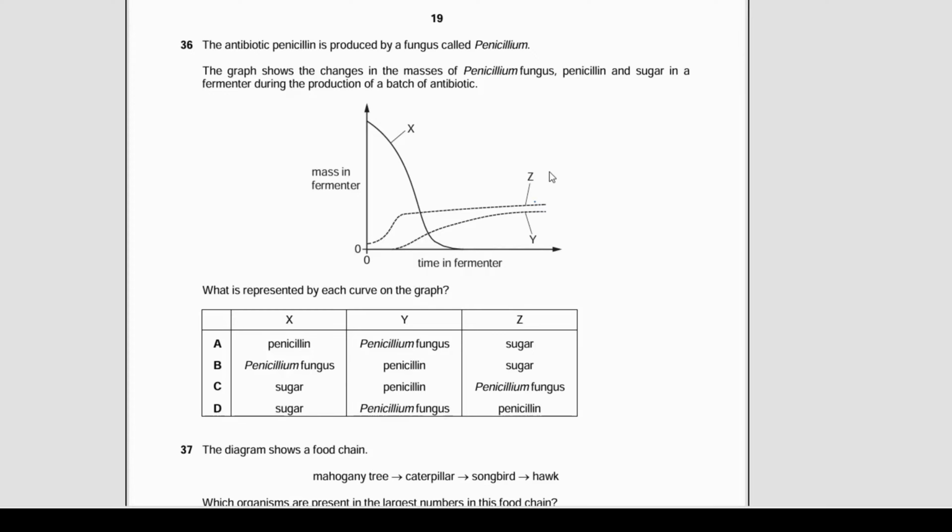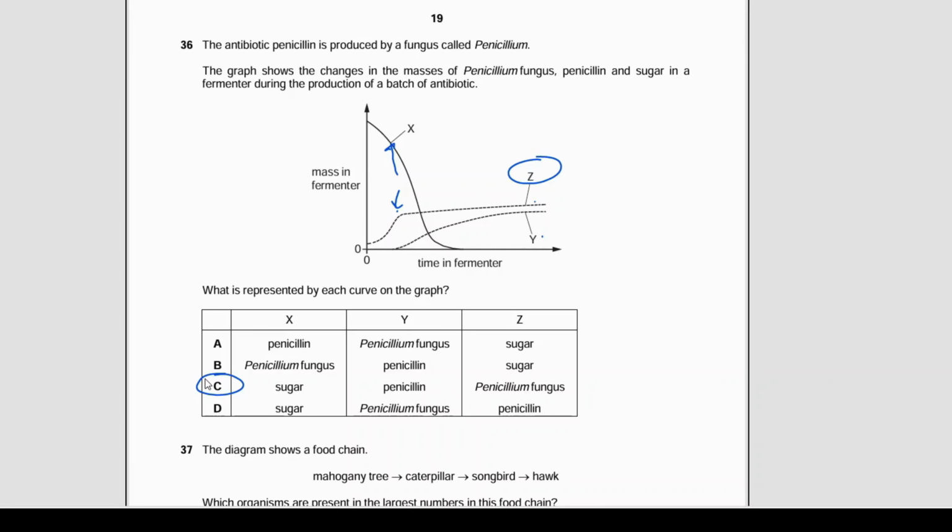Then Y cannot be that one. So the nutrients are used up at this level. Yes, this one is fungus and this one is penicillium. So I'm matching these points where there is more nutrient and where they are growing.